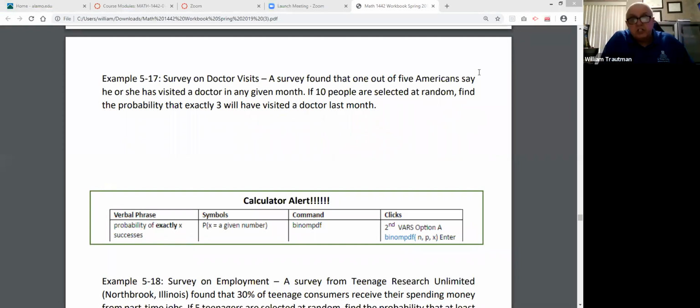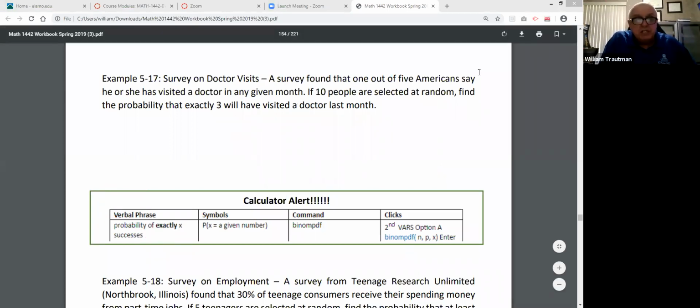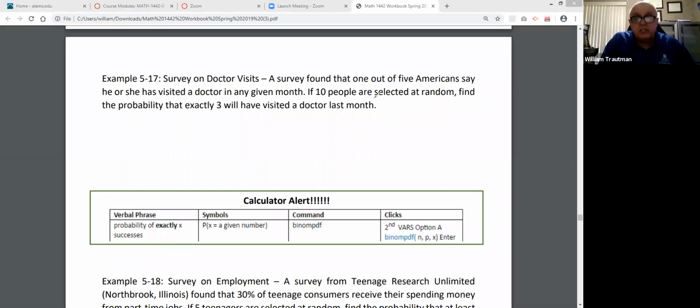A survey on a doctor's visit. A survey found that 1 out of 5 Americans say he or she has visited a doctor in a given month. 1 out of 5 visit a doctor. If 10 people are selected, by the way, 10 is N. That's the number of trials.